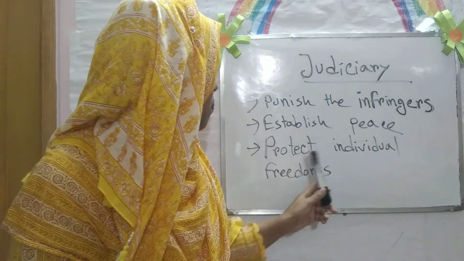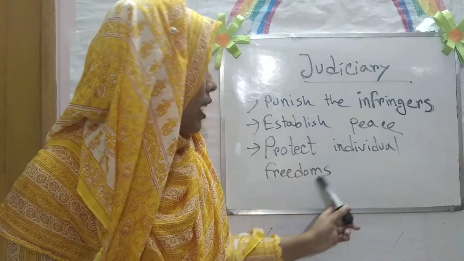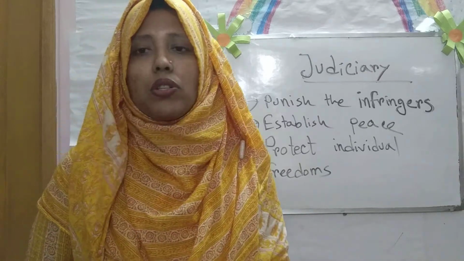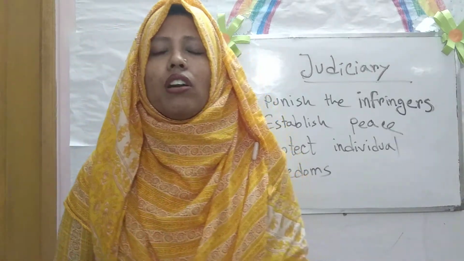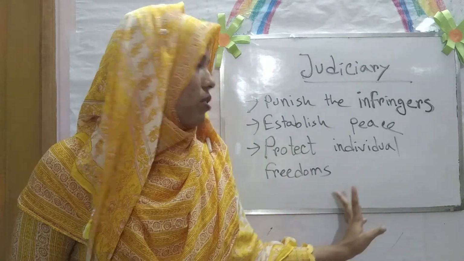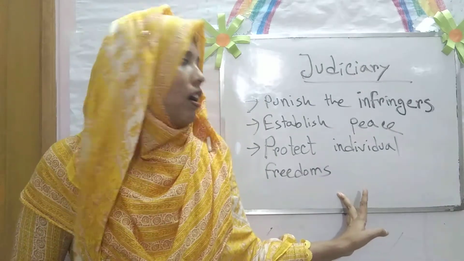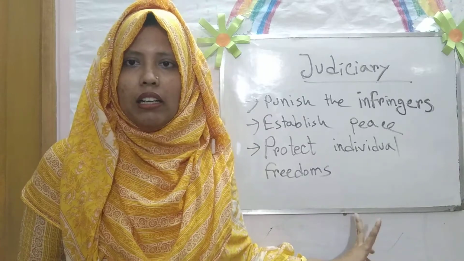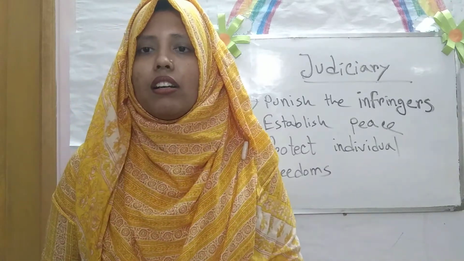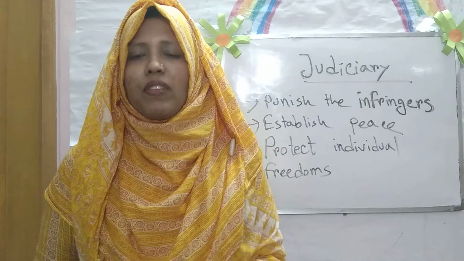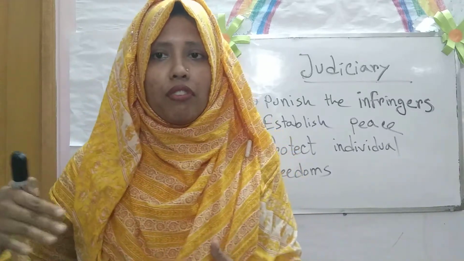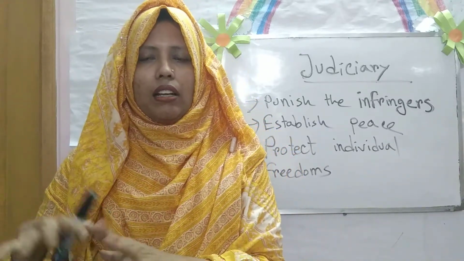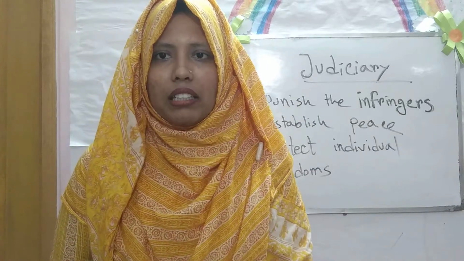After that, they work for protecting individual freedoms. Our judiciary group is working for protecting individuals' freedoms. Individual freedoms means all of the people get their basic rights, and they move freely all over Bangladesh.